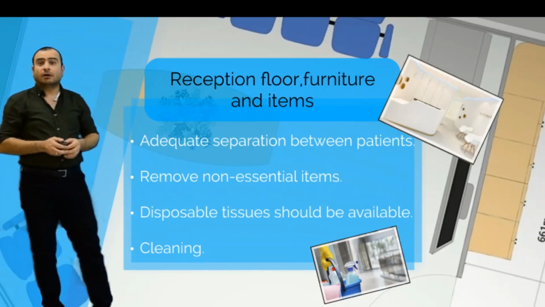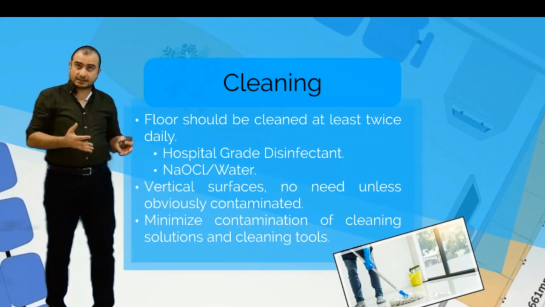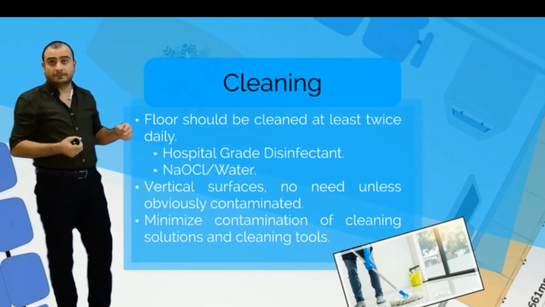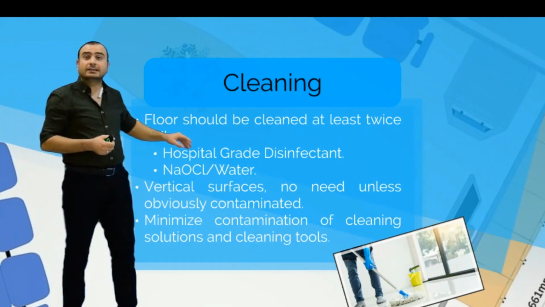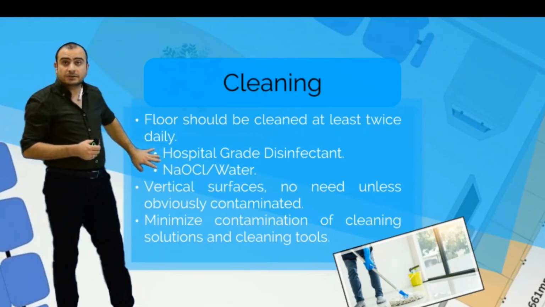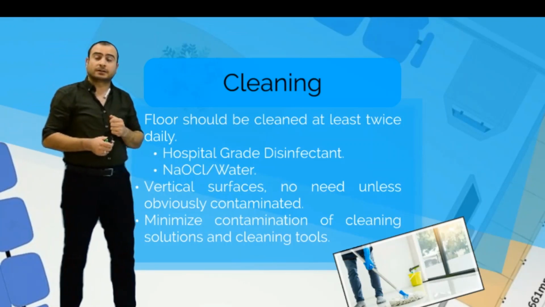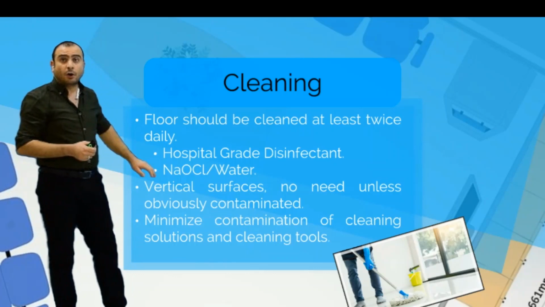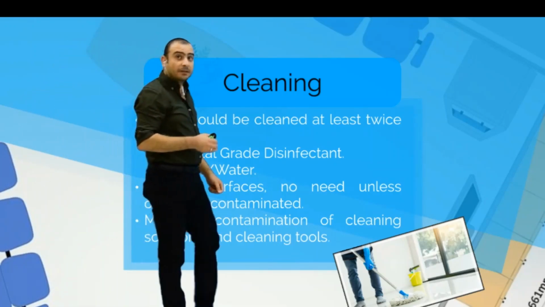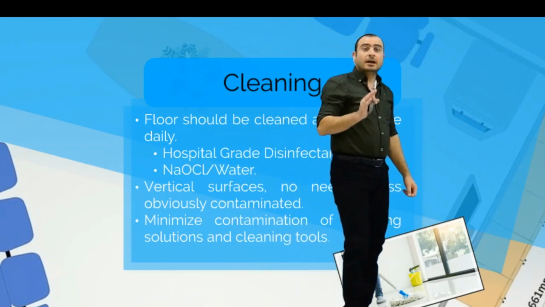Cleaning also needs to be considered, and during COVID-19 it should be done more often. The floor should be cleaned at least twice daily, using either a hospital grade disinfectant with virucidal properties against COVID-19, or a mixture of sodium hypochlorite and water. The mixture of sodium hypochlorite and water differs.